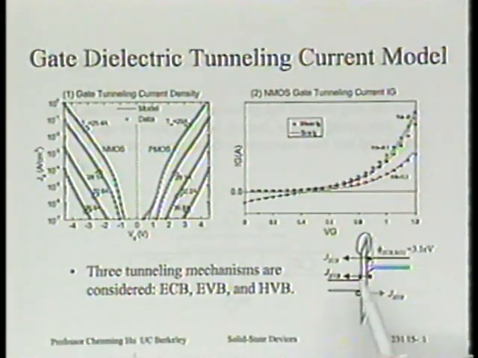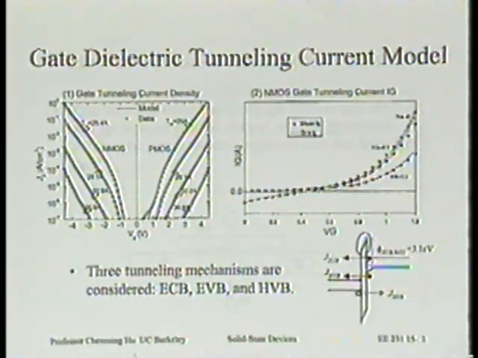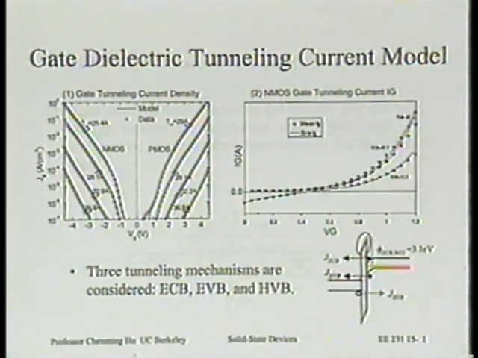One is for an electron to flow from the valence band of the substrate and tunnel into the conduction band of the gate. And the other is for an electron to tunnel from the valence band of the gate into the valence band of the substrate. This last component may be called hole tunneling.